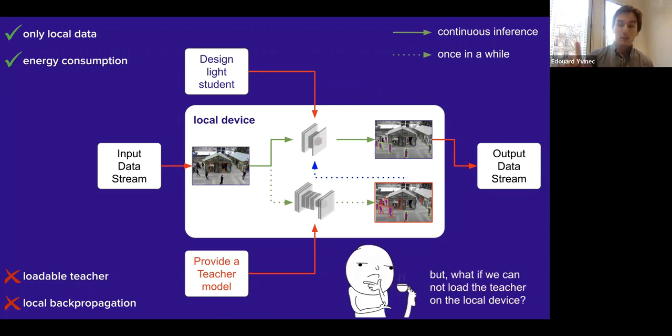But there is one last question I need to address before going to your questions, because I kind of cheated here. I said I cannot run my large model on the local device, and I just said I used a large model to extract some ground truth, which means that I can run my large model once in a while on the edge device.